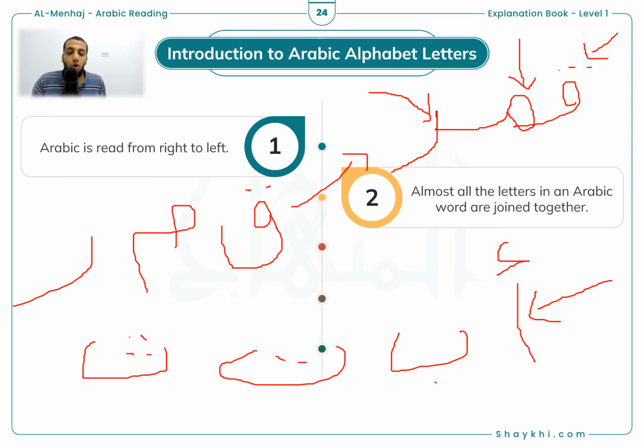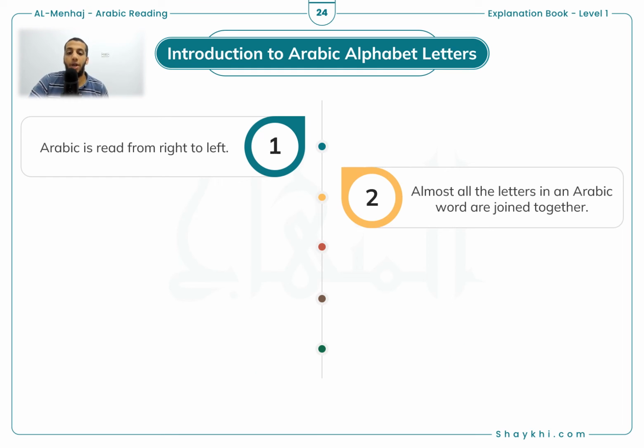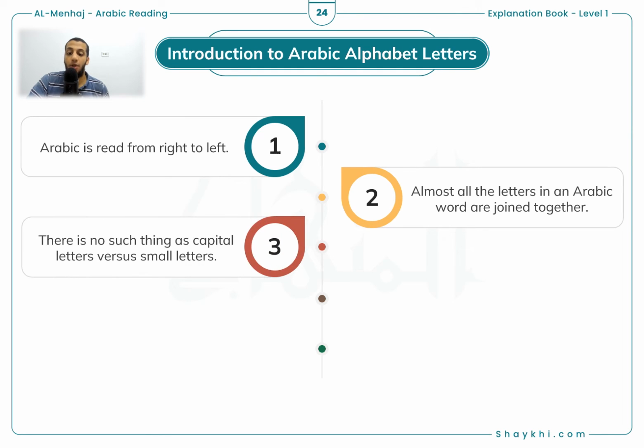Later, inshallah, in this course, after knowing the isolated forms, we will learn how to write each letter in the initial, middle, and final forms, so that you can understand all these forms. There is another point related to this second question: there is no such thing as capital letters and small letters as in English. In Arabic, all letters have the same size.